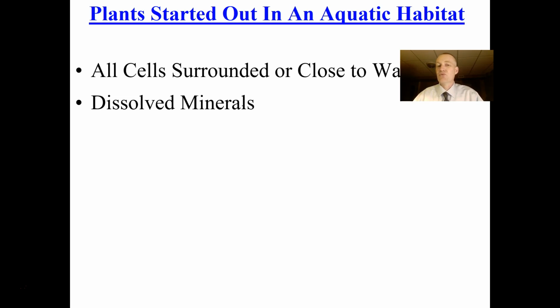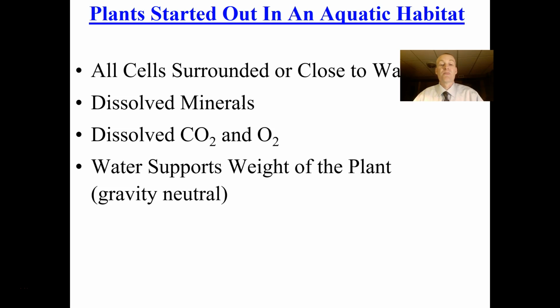They don't have to have roots to go get those minerals. Land plants have to have roots to get minerals. Carbon dioxide and oxygen are also useful to them: oxygen being used by the mitochondria to produce ATP, and carbon dioxide being used in photosynthesis. All of these gases are dissolved in the water, so that's how the plants would extract them from the water.